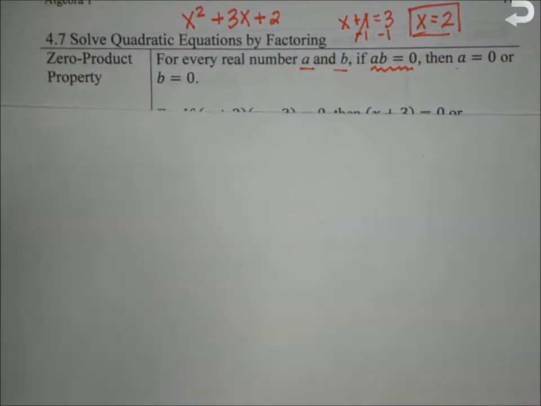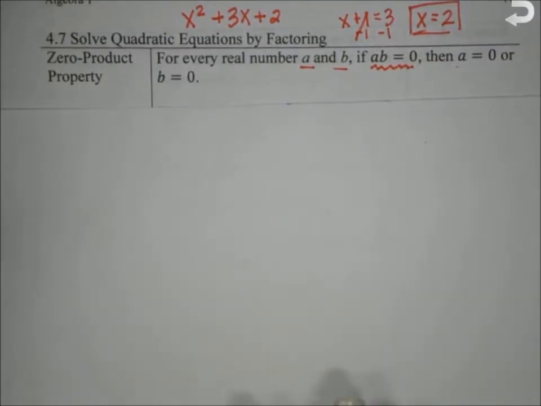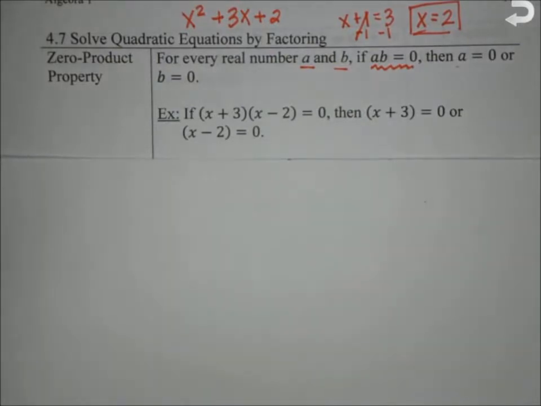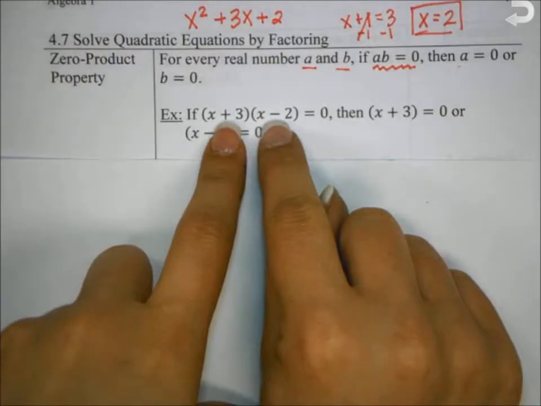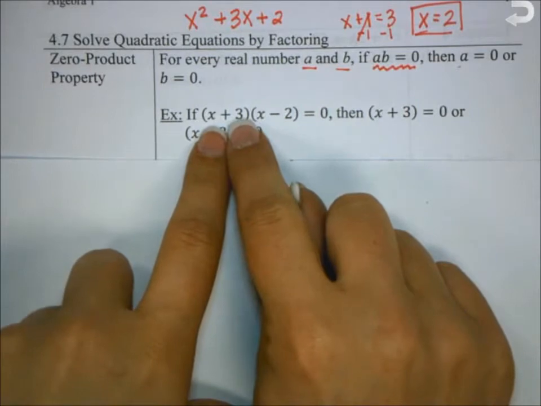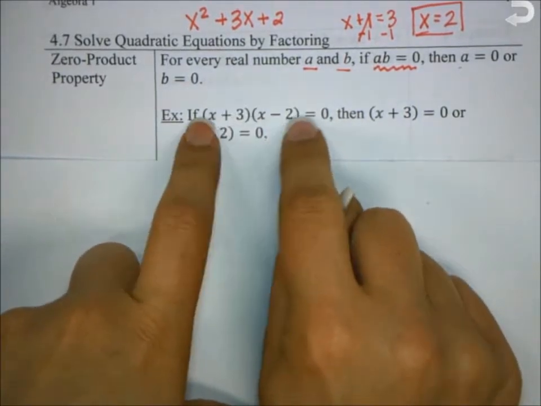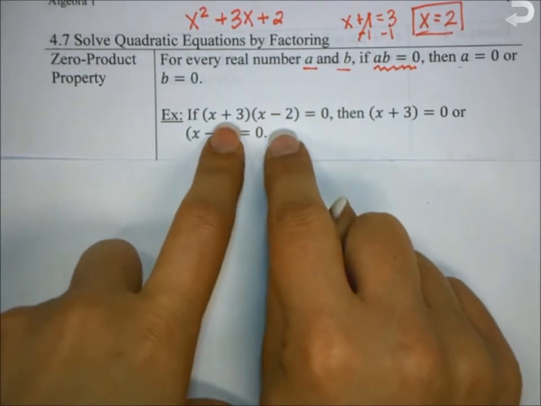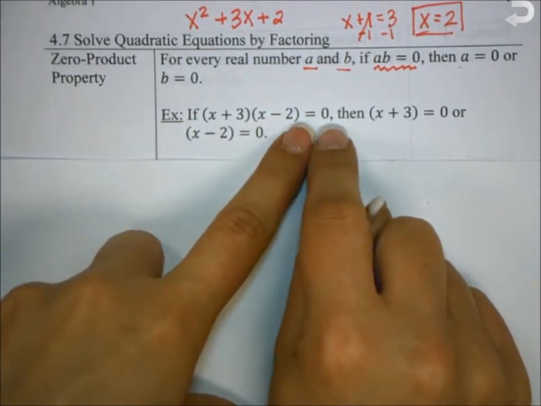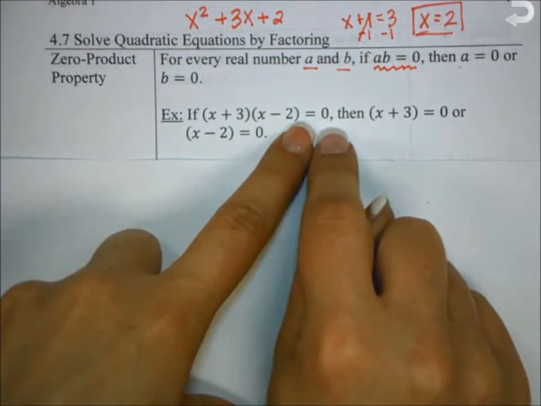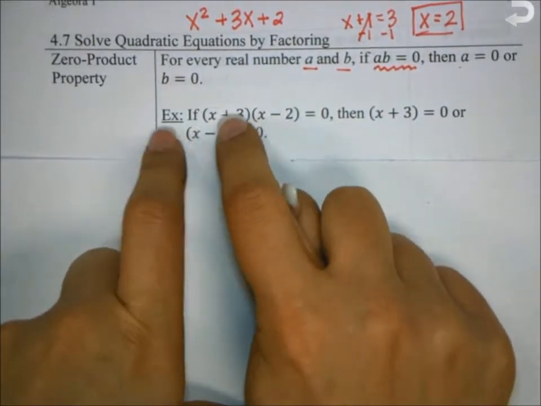Okay? Okay, so this is kind of what it's going to look like. If I have two binomials, x plus 3 times x minus 2, so I'm multiplying two terms, right? And both of them, after I multiply them, we get an answer of 0. What does that tell you? That means that one of my terms has to equal 0.